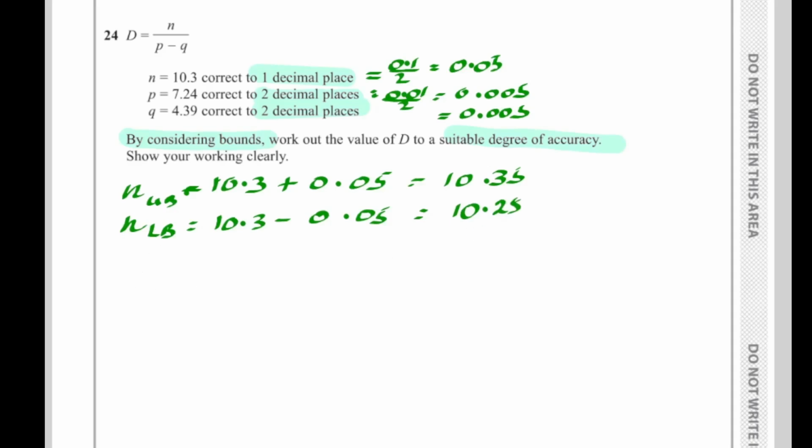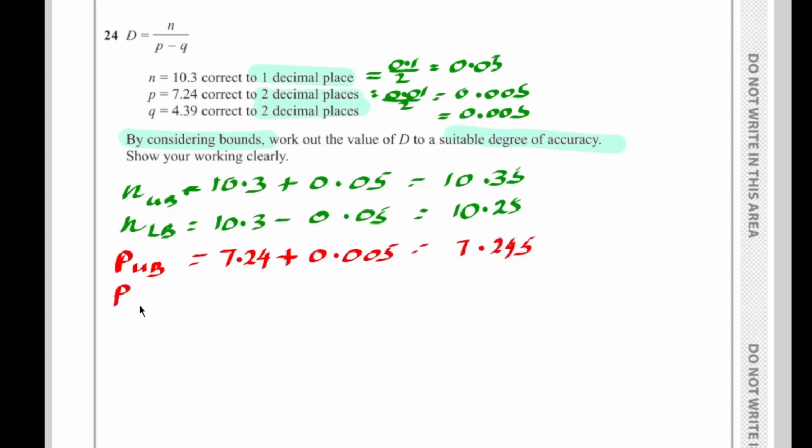Next, upper bound of P: it is addition for the upper bound, so 7.245.